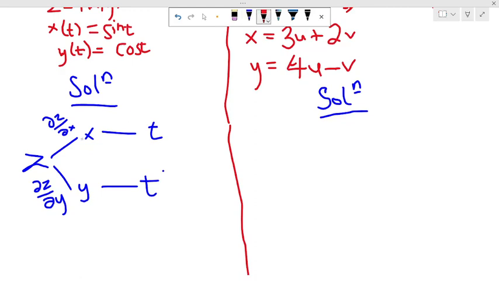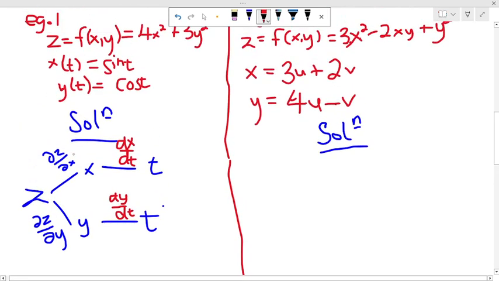Now differentiating x with respect to t becomes a direct derivative. Why direct? Because our x is dependent on only one variable, which is t, and our y is also dependent on only one variable, which is t. So therefore, differentiating y with respect to t becomes a direct differential.